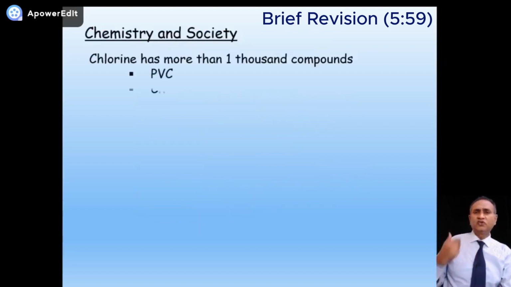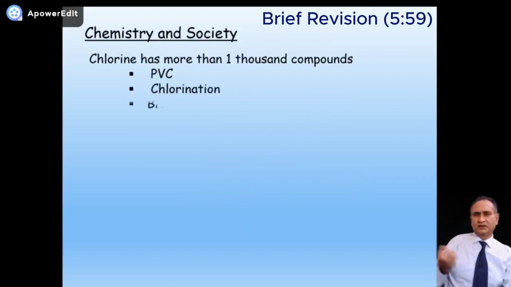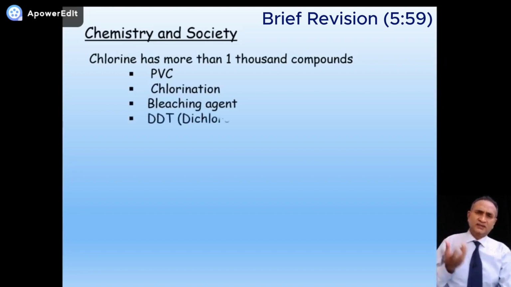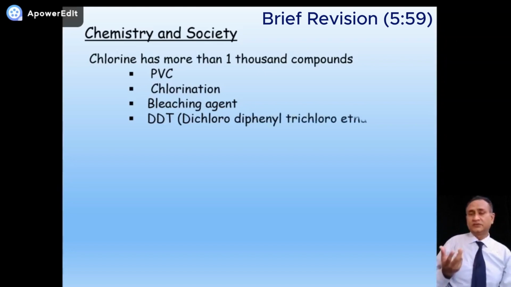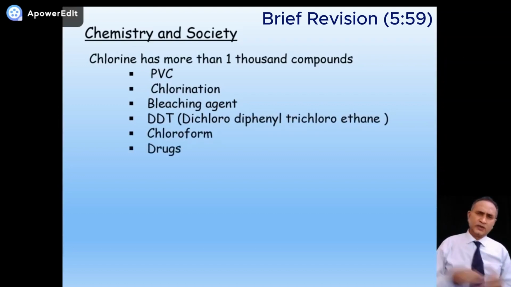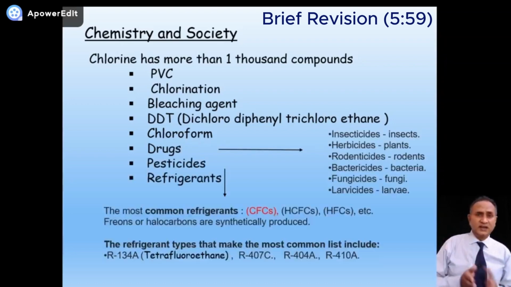Then we chose, in our book, chlorine as a sample. Chlorine has more than 1000 compounds, which are extensively used in our daily life. You can see on the screen, like for making PVC pipes, for making chloroform, for making DDT, I told you in detail.